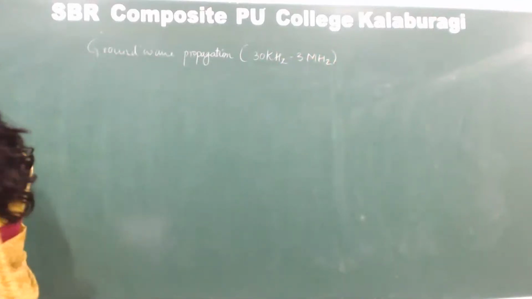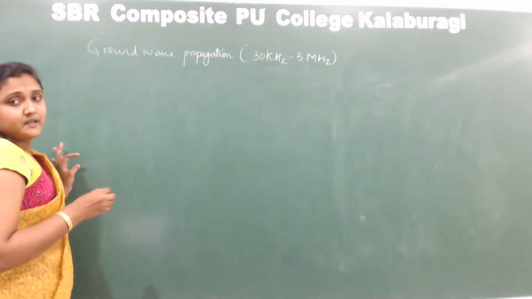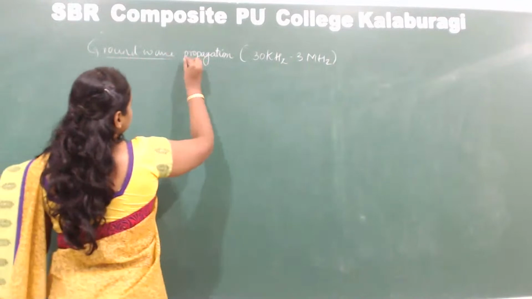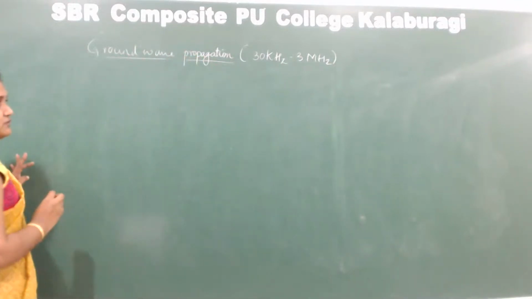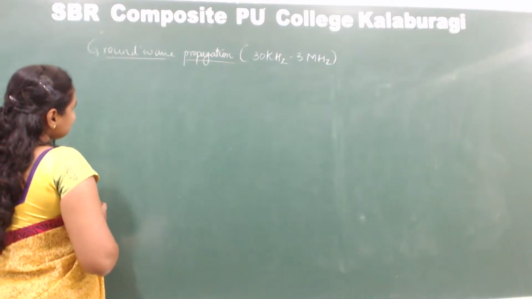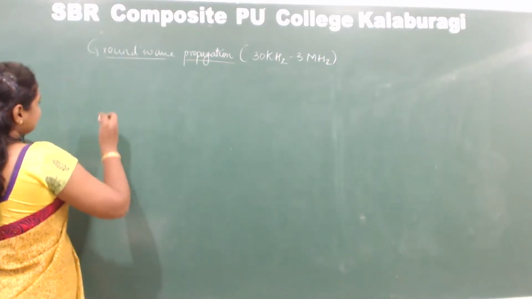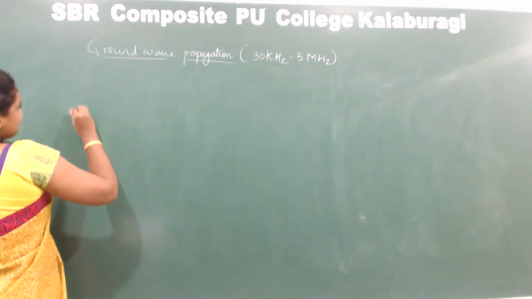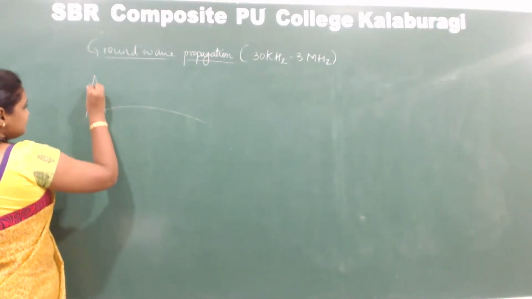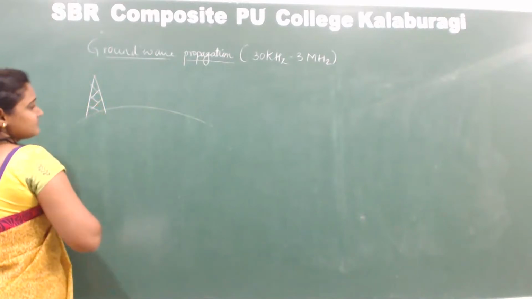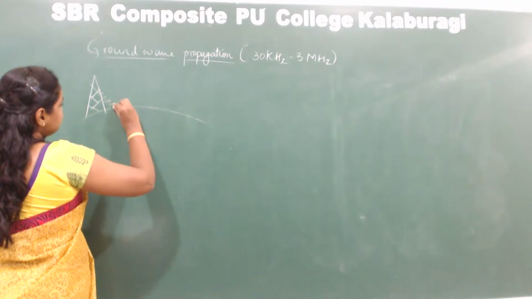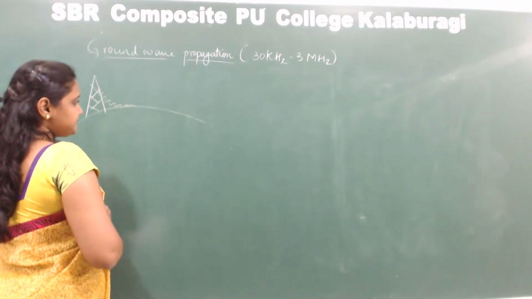So ground wave propagation is suitable for low frequencies, and the signal transmitted follows the surface of the earth.